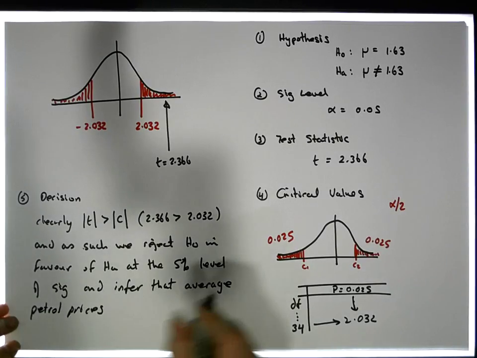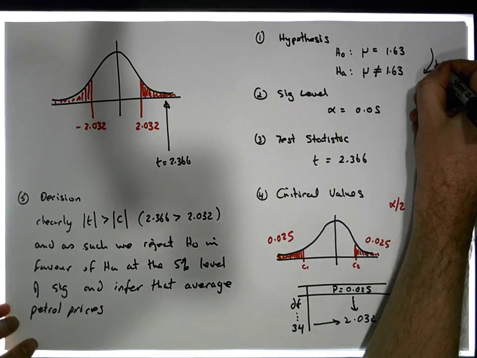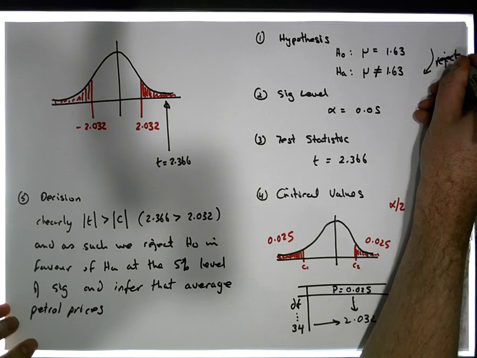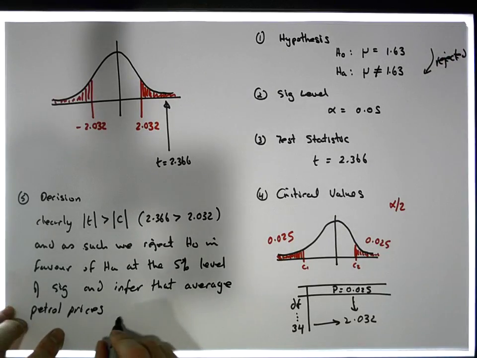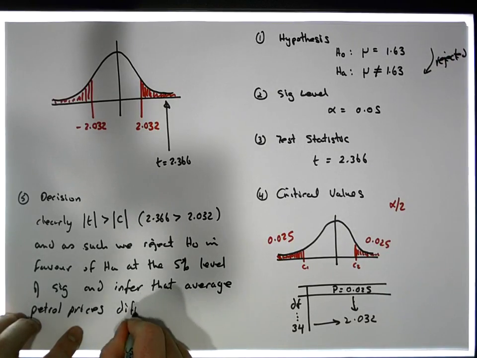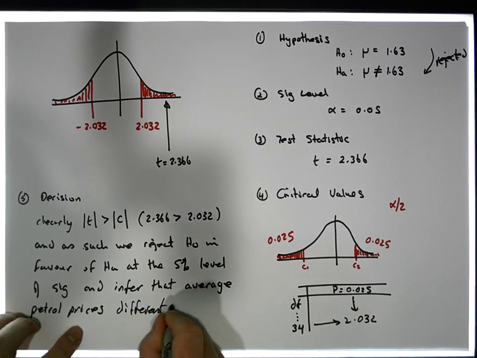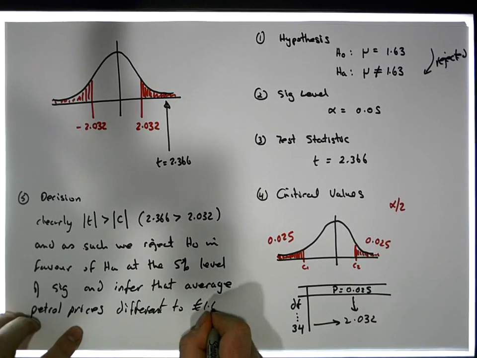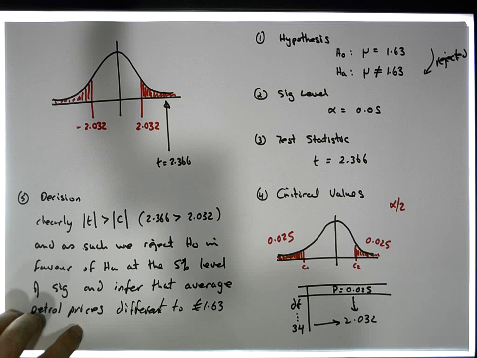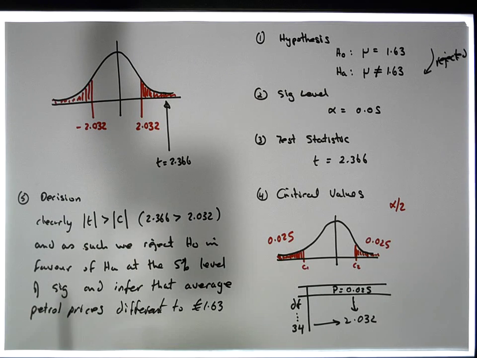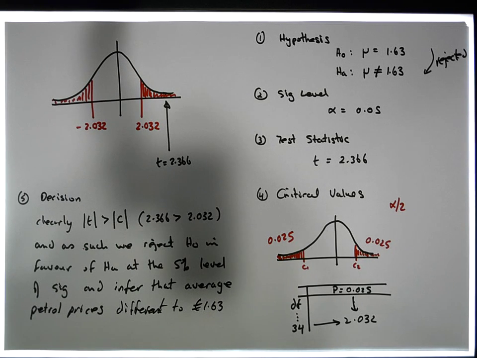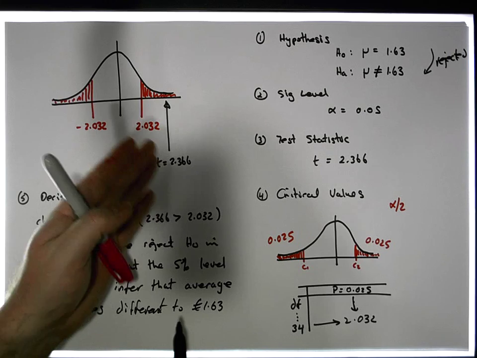We've rejected, so the average petrol prices are different to €1.63. They could be greater, they could be less than. We actually know it's on the right-hand side, so it's greater than. But in this case, we know that the test was all about difference. We didn't mind whether it was less than or greater than, just that there's a difference.